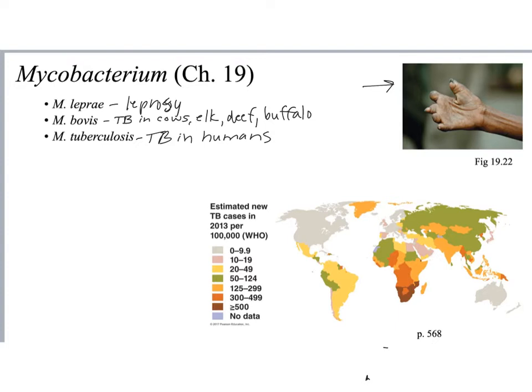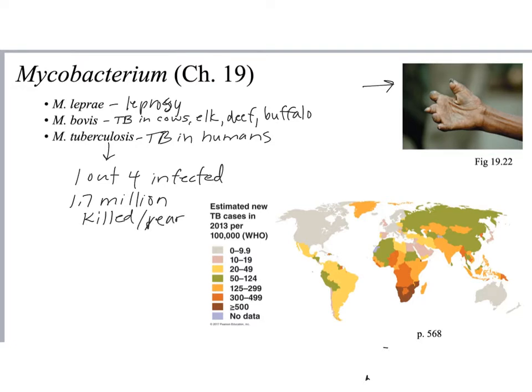Globally, it's estimated somewhere between 1 out of 3 and 1 out of 4 people are infected with TB worldwide. Okay, so that's a pretty astonishing figure. It kills about 1.7 million a year. Okay, so again, that's a pretty astonishing figure. That's according to the WHO, the World Health Organization, for 2016.